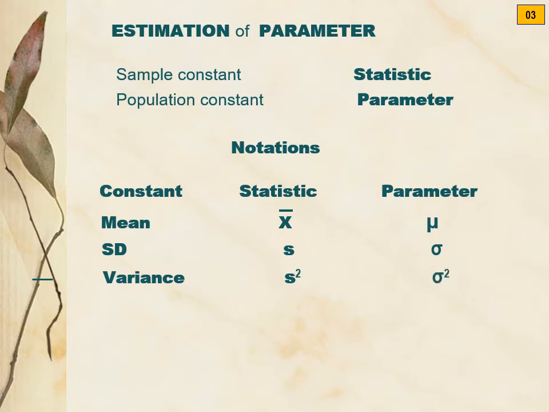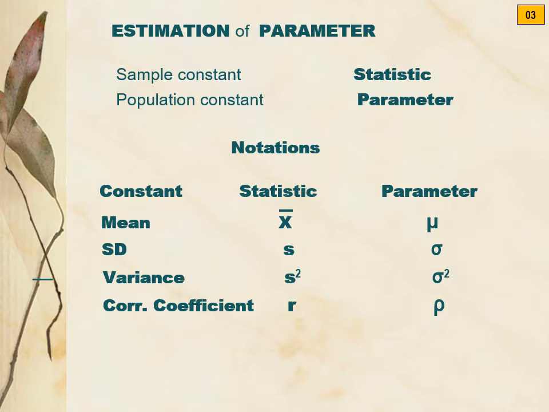Also, the variance of the sample is square of the SD, s square, and the population variance is denoted as sigma square. Correlation coefficient, it will be taught to you. It shows the relationship between two variables, and sample correlation coefficient is denoted by small r, and the parameter, that is the population correlation coefficient, is denoted as rho.